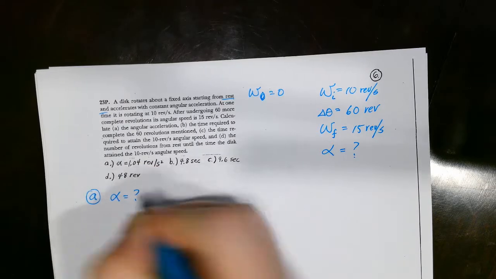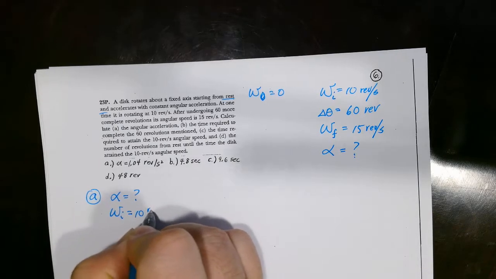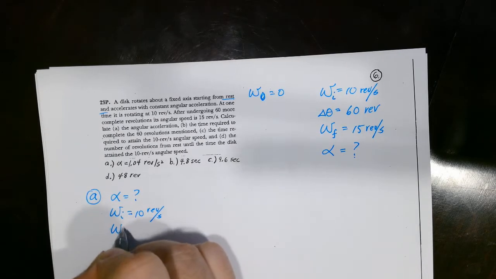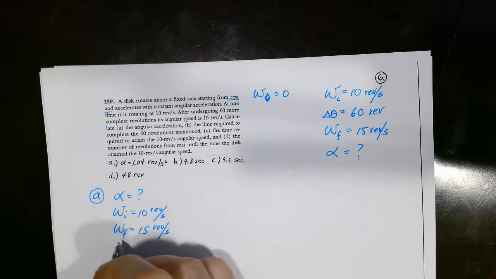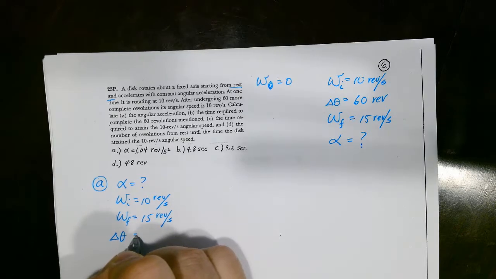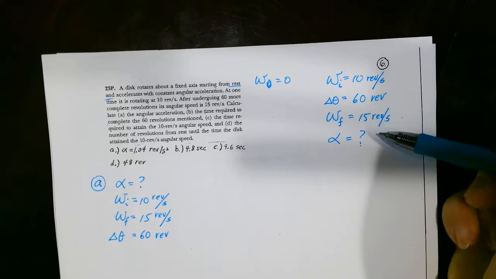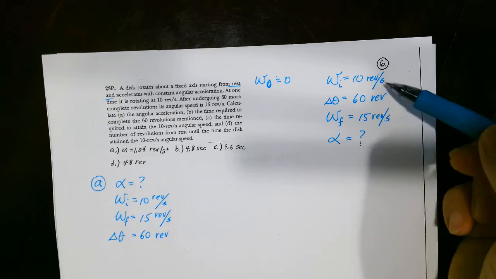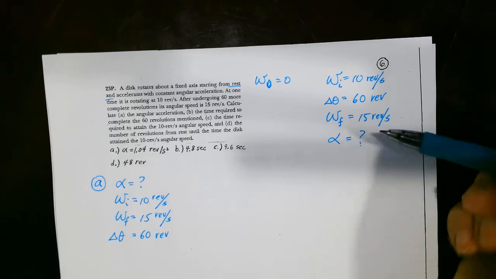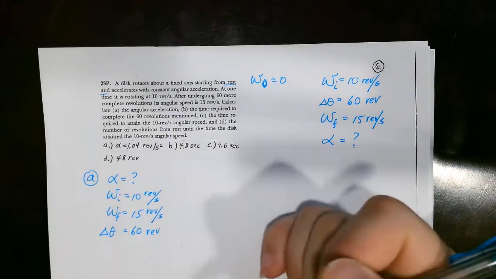So find the angular acceleration when we know our initial omega is equal to 10 revolutions per second, omega final happens to be 15 revolutions per second, and delta theta is equal to 60 revolutions. Now, since they gave us everything in revolutions, we don't have to convert anything because we can use revolutions, revolutions per second, and revolutions per second squared for constant acceleration equations, as long as they're consistent.